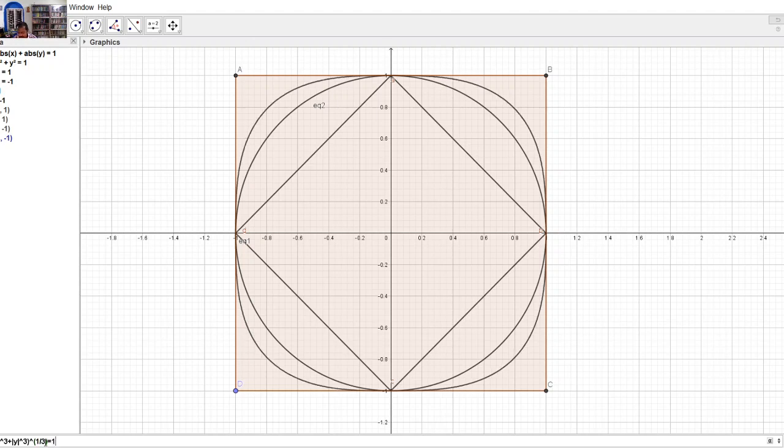So this is the unit circle in R2 with 3 norm. This one.